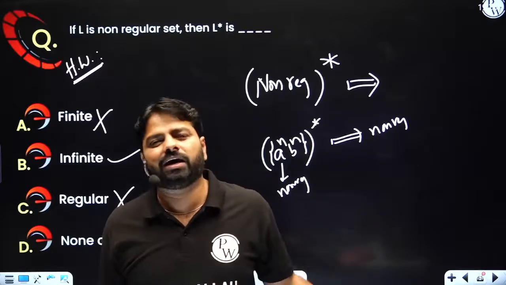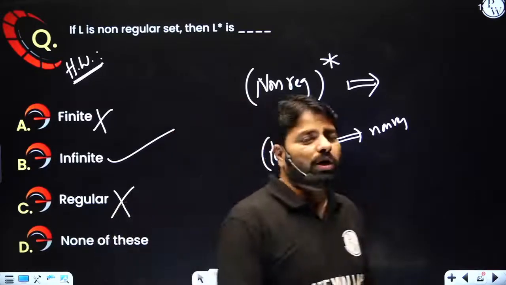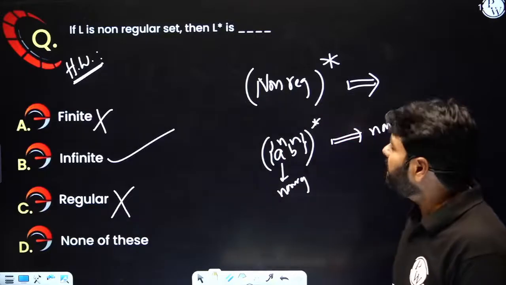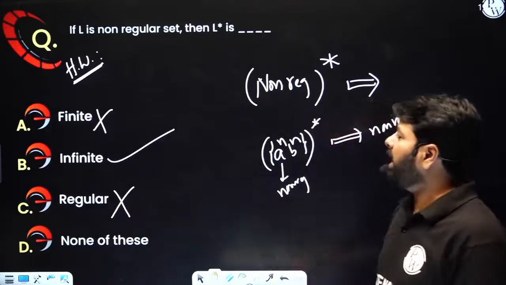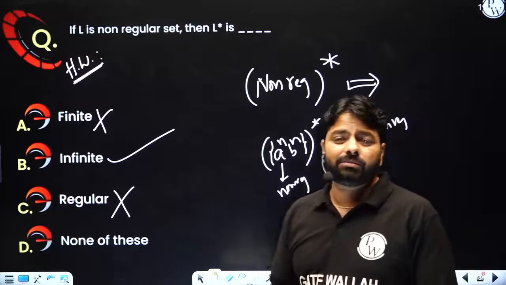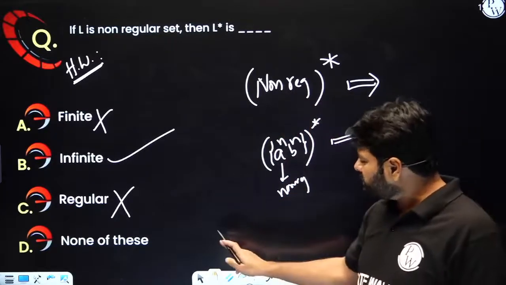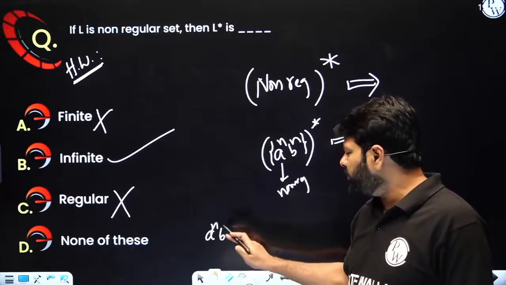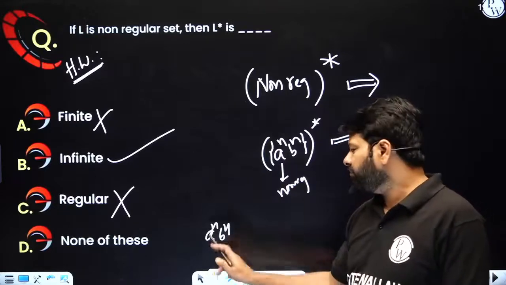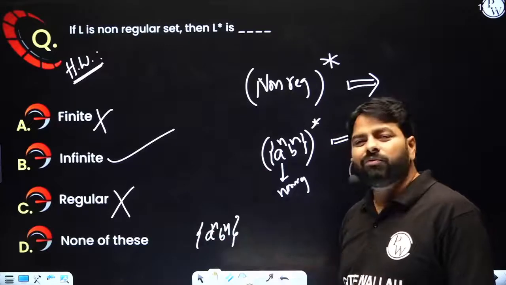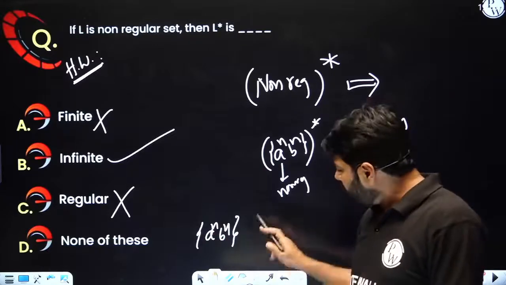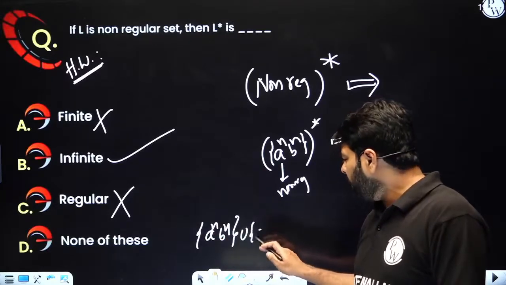I'm almost giving the answer for you, but I want you to work on this, as many times even I don't get an example if I don't think properly. Here, non-regular means just take a power n, b power n. We know that if you do its Kleene closure, you will get non-regular. I do one thing: union of a comma b.